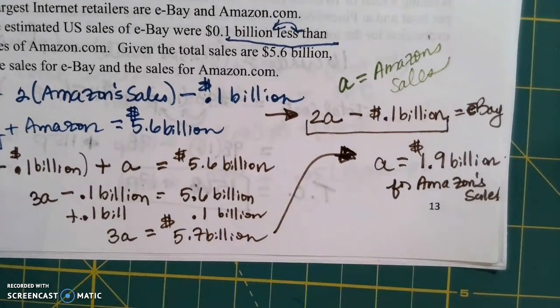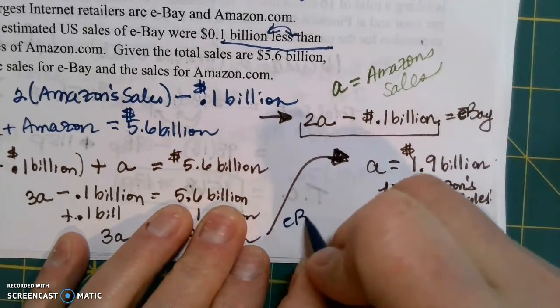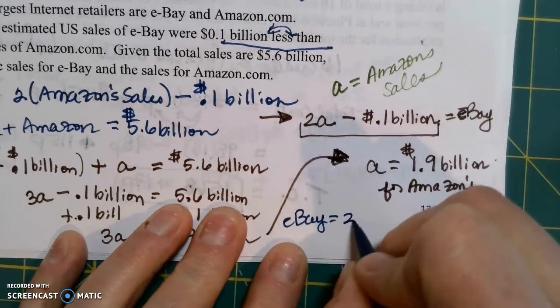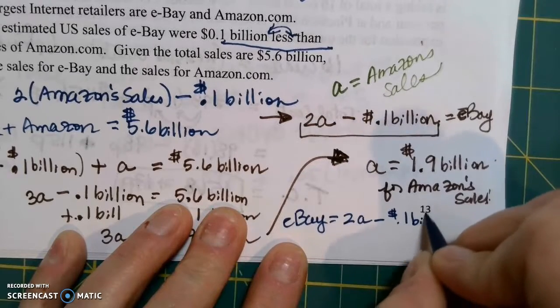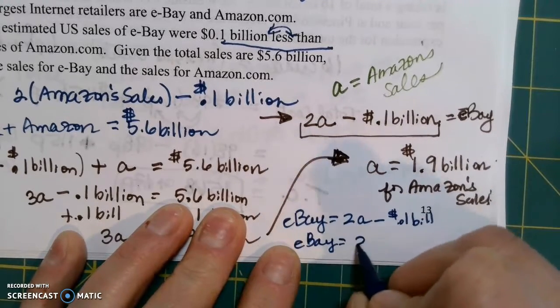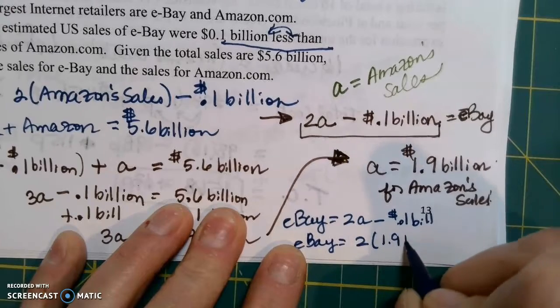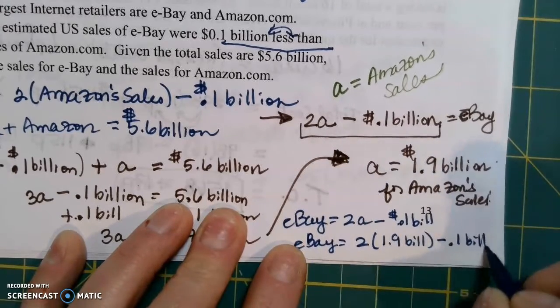Then we have to use that expression that we came up with to find the sales for eBay. So eBay equals that 2A minus 0.1 billion. So eBay will be 2 times 1.9 billion minus 0.1 billion.